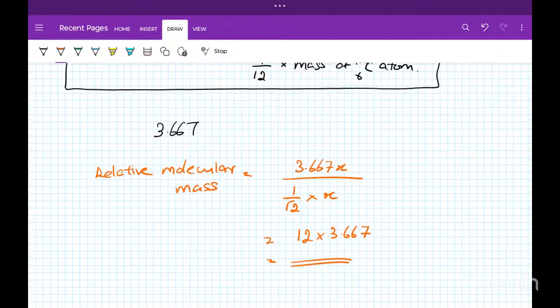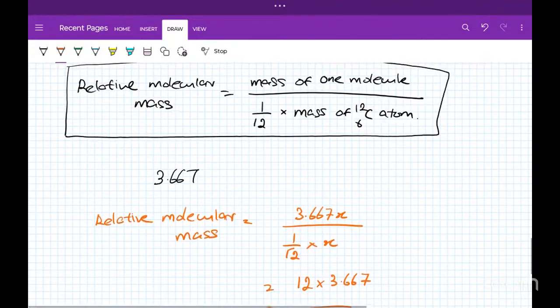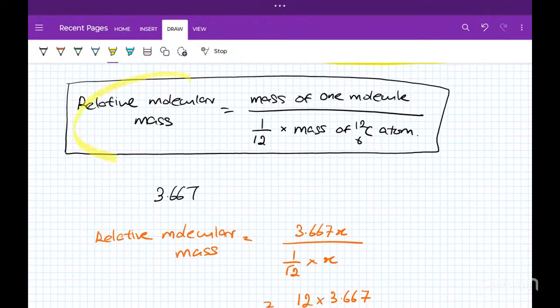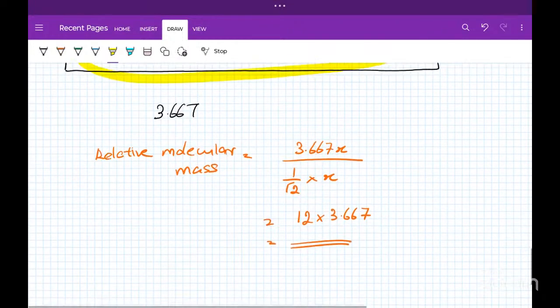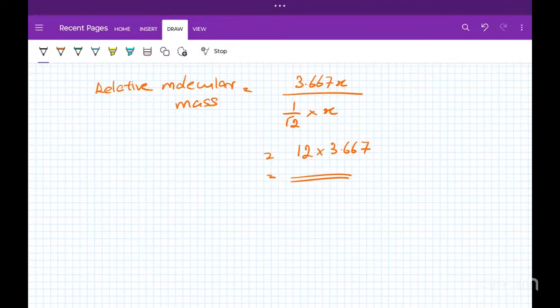So relative molecular mass can be calculated based on this equation, and also based on relative atomic masses. I think you know this from your A-levels, but refresh your memories. Let's say I want to calculate the relative molecular mass of H2O.